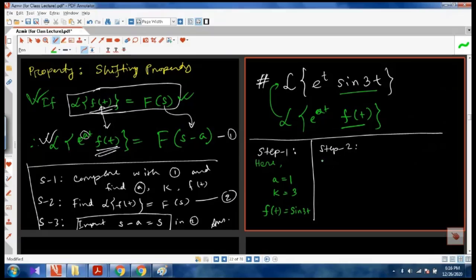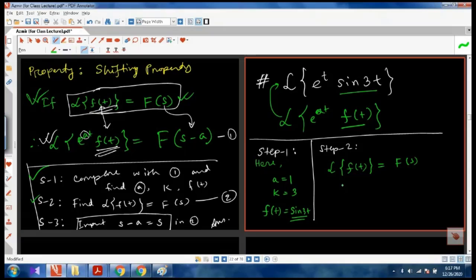So in step 2, what do we have to do? Step 1 is done. We have to find the Laplace transformation of f of t. That means sine 3t, right? Yes, sir. So the Laplace transformation of f of t is F of s.